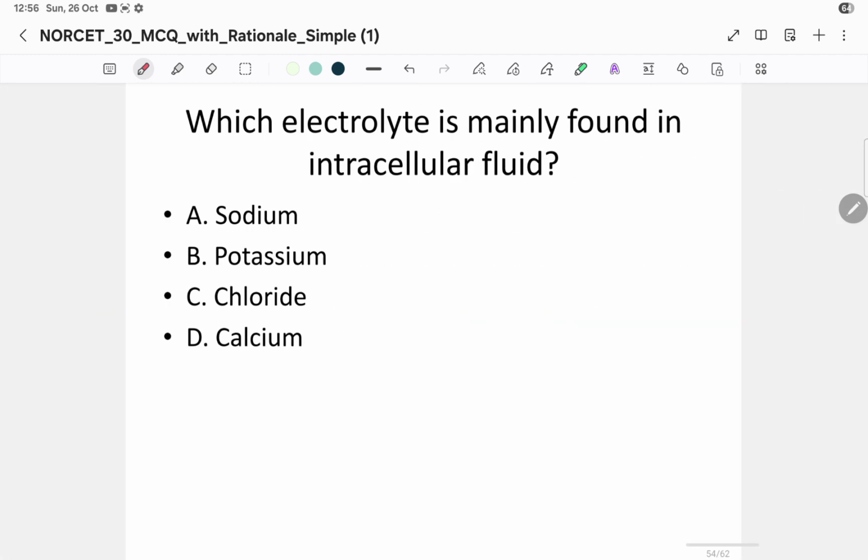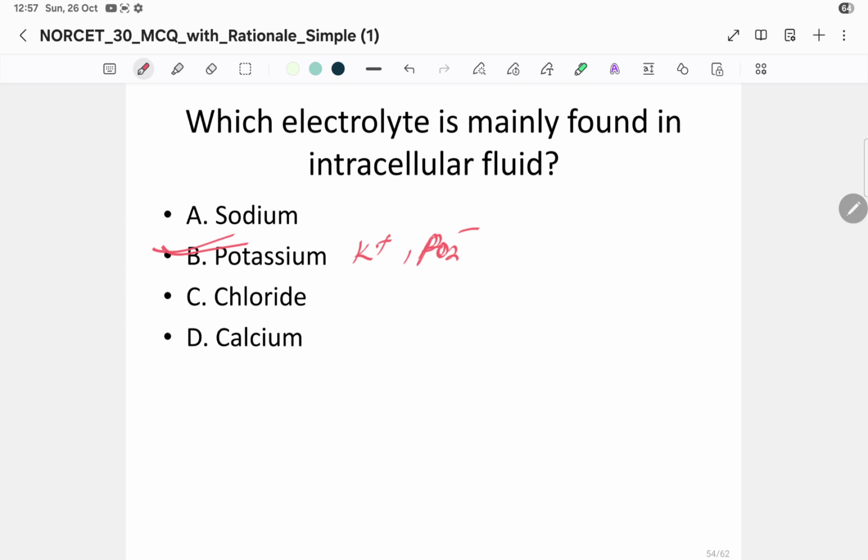Next, which electrolyte is mainly found in intracellular fluid? Option A. Sodium. B. Potassium. C. Chloride. D. Calcium. And the correct answer is option number B. Potassium. Potassium, phosphate and all are what? Intracellular electrolyte, right?